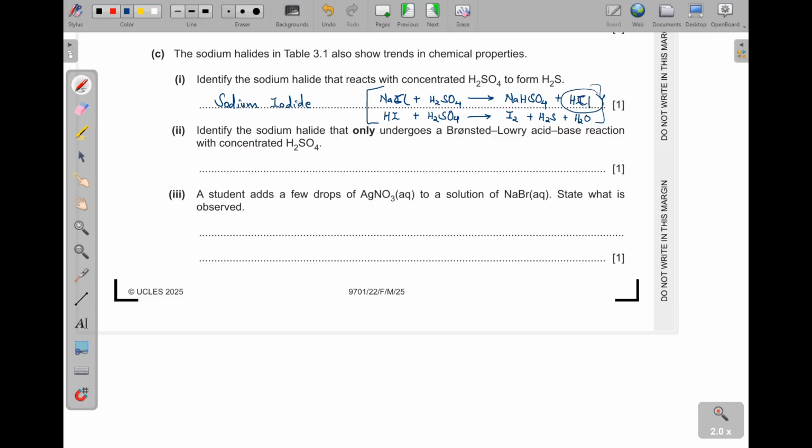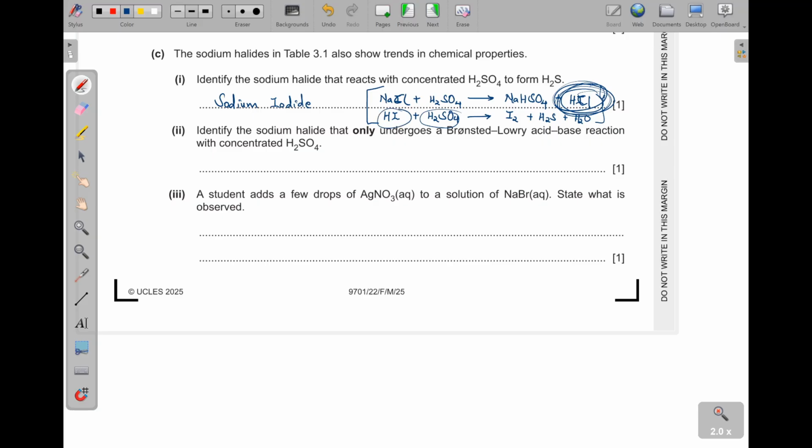So this HCl here is not going to be reduced by sulfuric acid because chlorine is a stronger oxidizing agent, and here sulfuric acid is acting as an oxidizing agent. So because chlorine is a stronger oxidizing agent than sulfuric acid, then it is not going to be oxidized. You see that? So that means this one is not going to be broken any further.